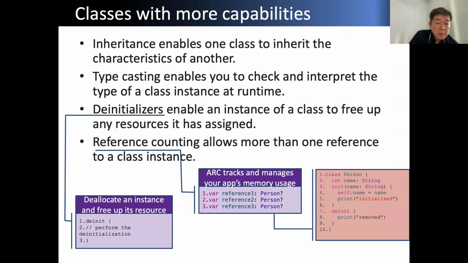And class has more capabilities, of course. Class enables one class to inherit the characteristics of another. It's not the case in struct. There's no substruct. If you want to make class hierarchies, then define a class so that you have a subclass and a superclass. So it's always top down.